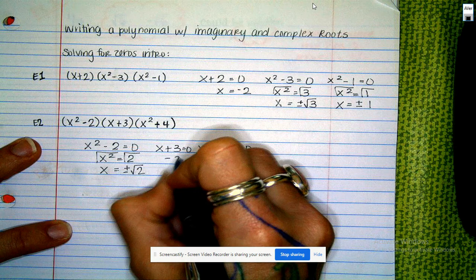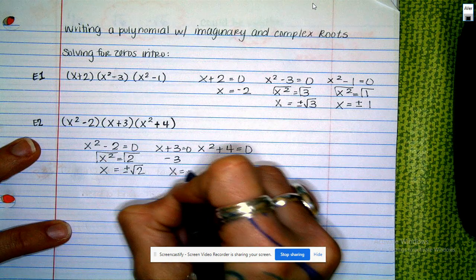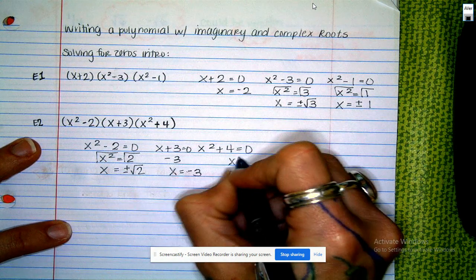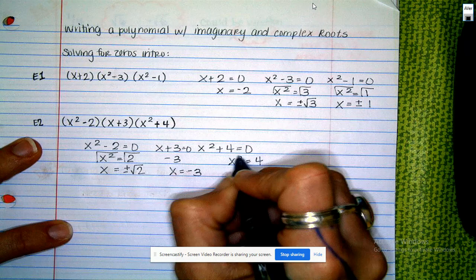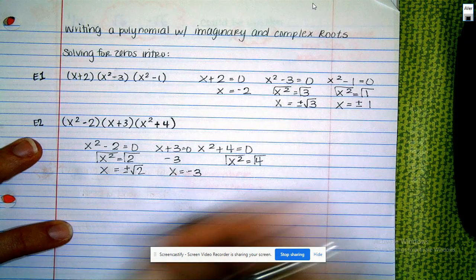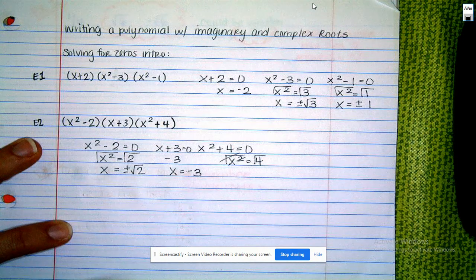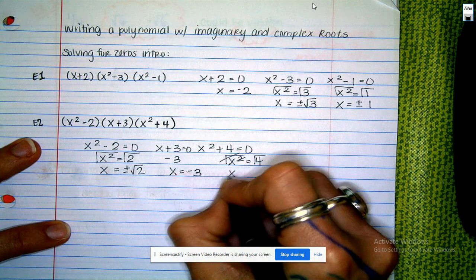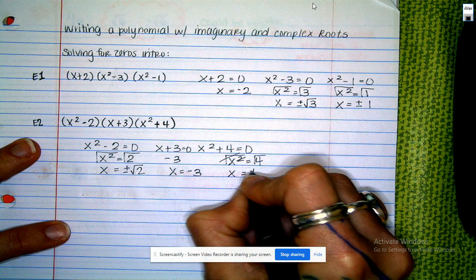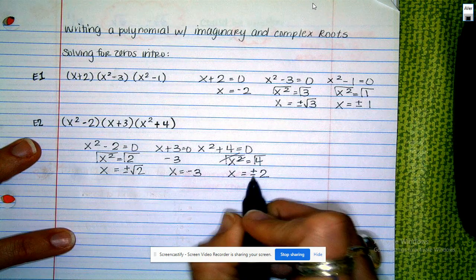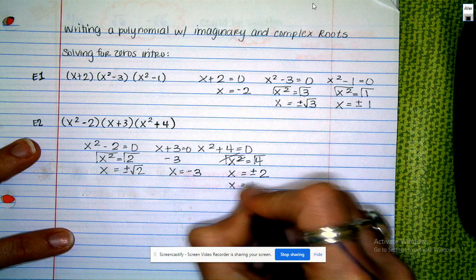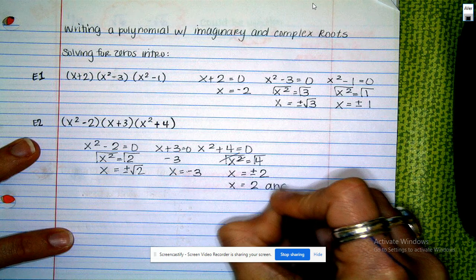Subtract 3 from both sides. So x is equal to a negative 3. X squared equals 4. Square root to get rid of that square. So x equals plus and minus 2, or you could write x equals positive 2 and x equals negative 2.